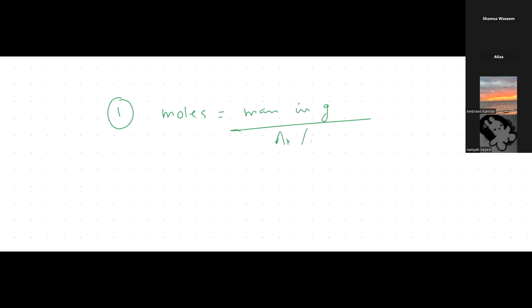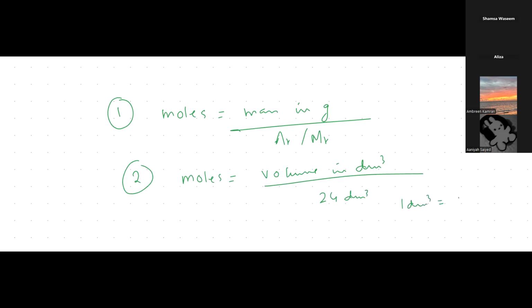Another formula for volume of gas at RTP: moles equals volume in dm³ upon 24 dm³, or volume in cm³ upon 24,000 cm³. But just learn the conversion: 1 dm³ equals 1,000 cm³. If you want to note it down, do so, and then we can solve some simple questions.